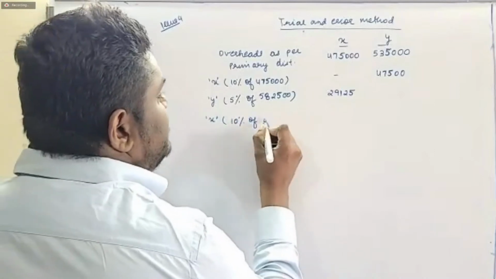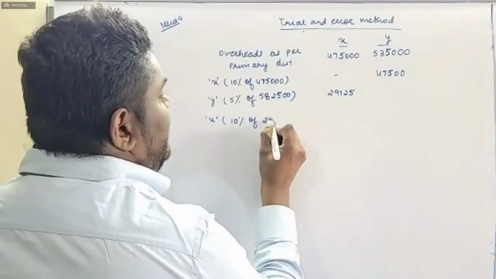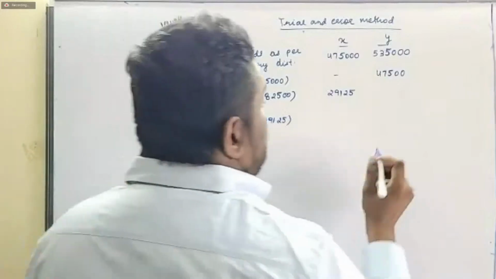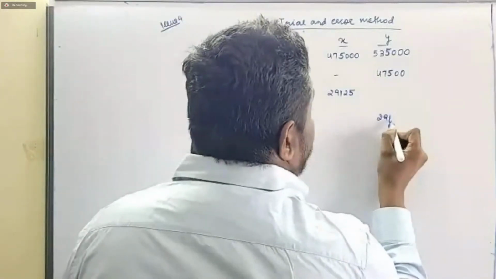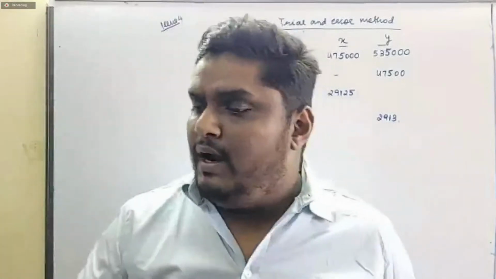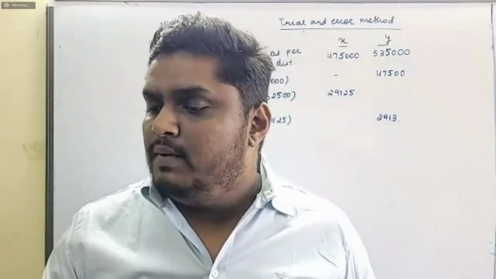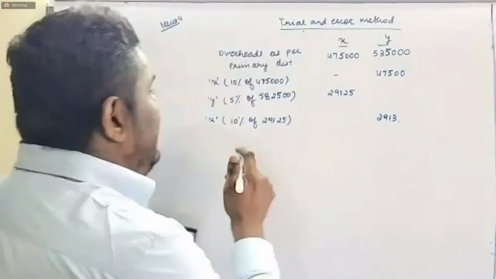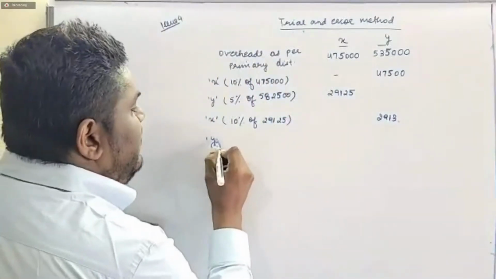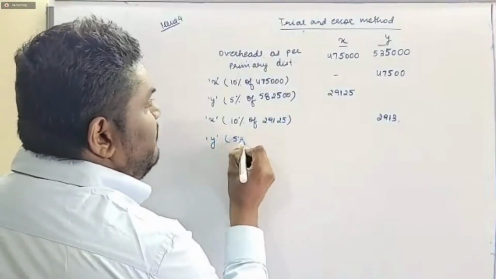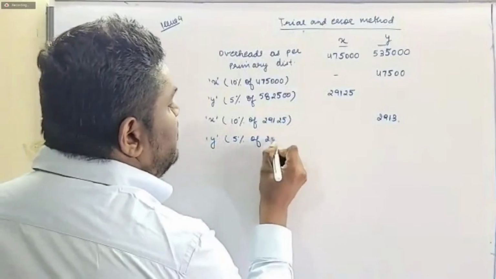This will be 10% of 29,125. So 2,913. And again, the overheads of Y department are to be reapportioned to X. So herein Y will reapportion to X at the rate of 5% of 2,913.